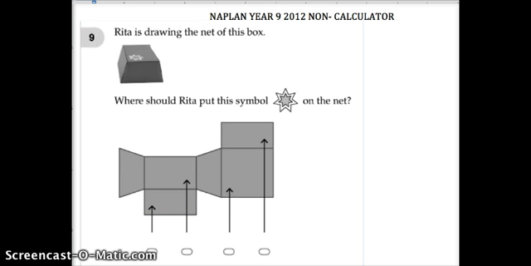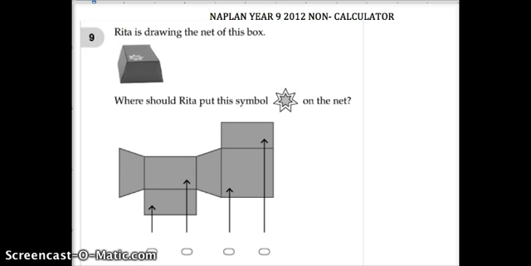Now first we need to identify which faces are which. We have a large, looks like a square or could be a rectangle here, and this rectangular shape here. Now this would be the top of the shape up there, and this big bit down here would be the bottom of the shape. So I'm just going to label those now.